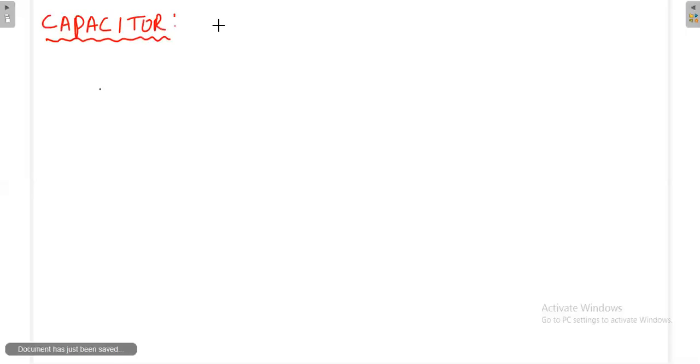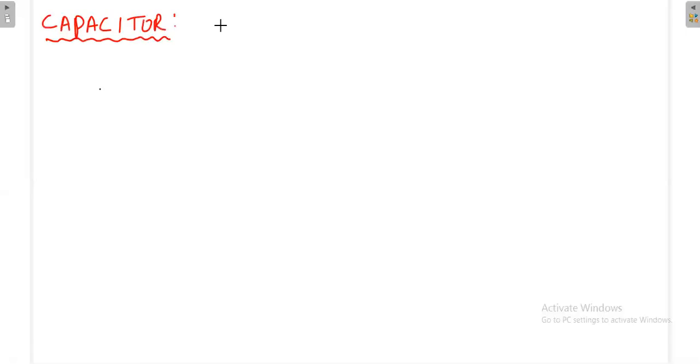Okay, so today's topic is capacitor. We already have some understanding of how the capacitor behaves for DC supply as well as AC supply. For AC supply, for a capacitor, which one will lead?